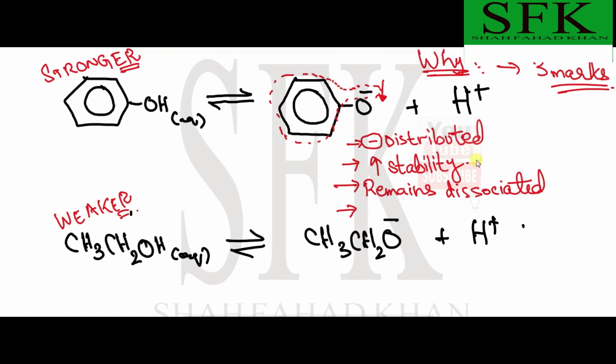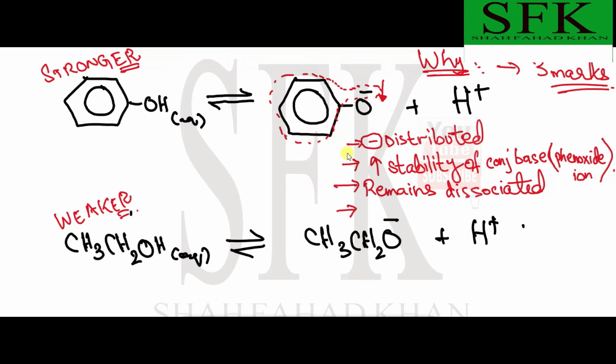So there is an increase in stability of the conjugate base. By the conjugate base, I mean the phenoxide ion. The base is stabilized due to the electron delocalization over the benzene ring.